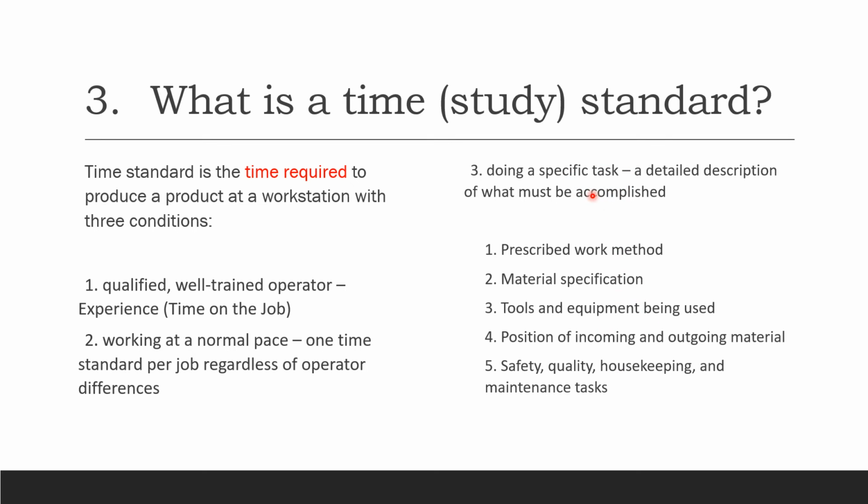When you're studying a task, you look at what the method is, what the materials are, the tools at that work, and the incoming and outgoing material at that workstation. We also look at the safety, quality, housekeeping, and maintenance tasks at that workstation. That is what we do when we form a time standard.